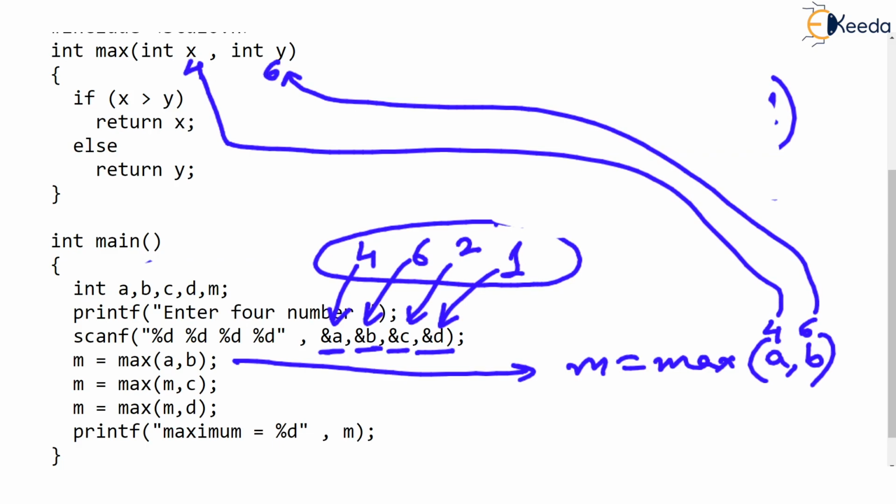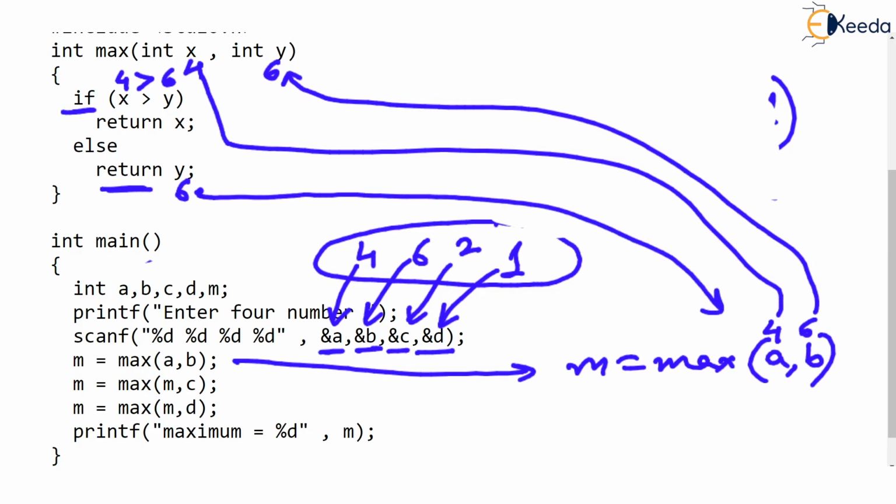Now the function is going to check, is 4 greater than 6, which is false, so else will execute and function is going to return 6. And please remember this 6 will be returned at the call. Always remember this. So this right hand side gets evaluated to 6 and then 6 gets stored in m. Indeed, now m is largest between a and b. m is largest, that is 6 between a and b.